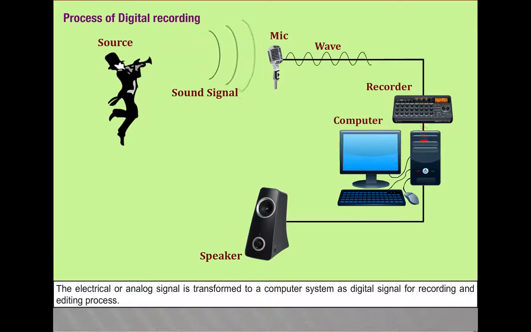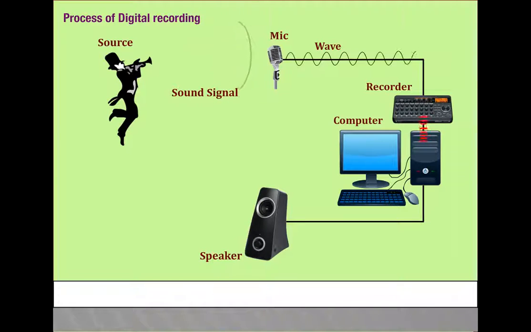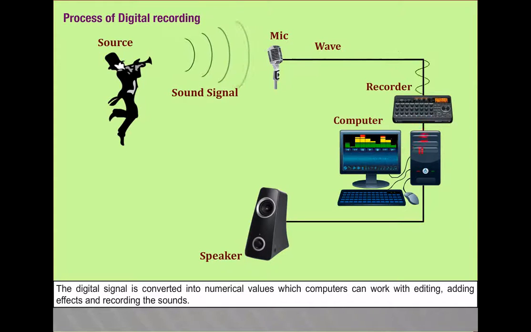The electrical or analog signal is transferred to a computer system as a digital signal for the recording and editing process. The digital signal is converted into numerical values which computers can work with: editing, adding effects, and recording the sounds.